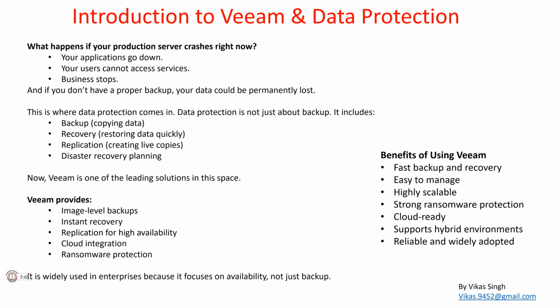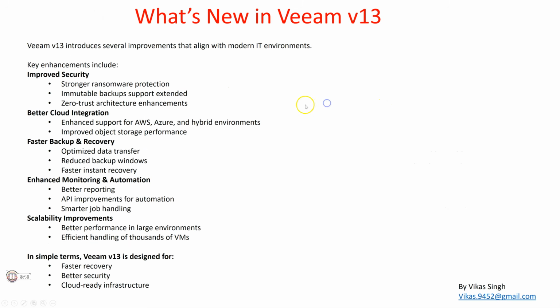And fifth, it's cloud ready and supports hybrid cloud infrastructure. Most importantly, it's reliable and adopted worldwide across the industry. This is why Veeam is such a famous product for backup and replication, or you can say an overall protection platform.